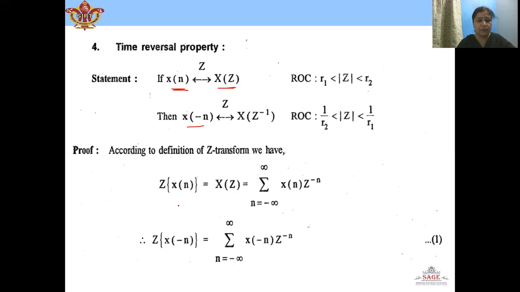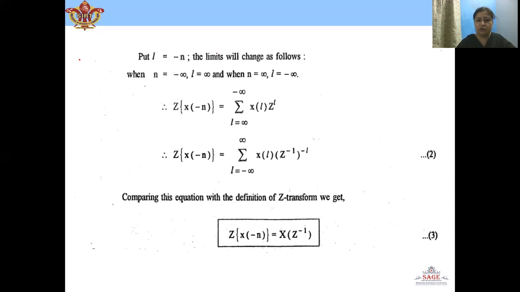Now, we will move on to the proof of this property. We will start with the Z transform of x[-n]. This is the formula for Z transform. So in place of the signal x[n], we will write x[-n] z raised to power minus n. Next, we will put the substitution here. Instead of minus n, we will take l.